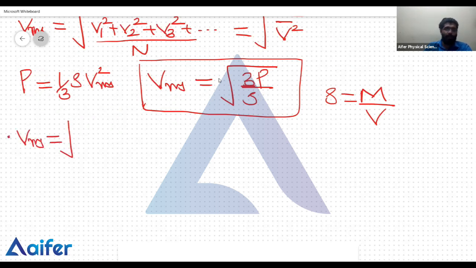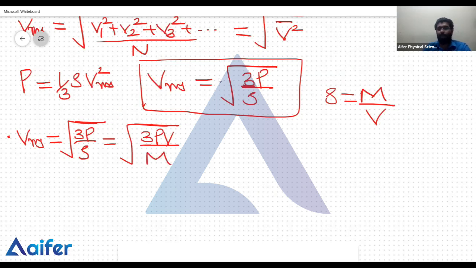The first one is root of 3P by rho. If you substitute rho equal to m by V, that is definitely 3PV by m. But by the ideal gas relation, PV for 1 mole of gas is RT. So that is equal to root of 3RT divided by M.